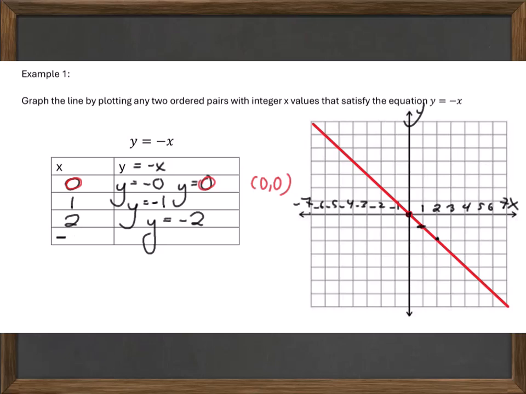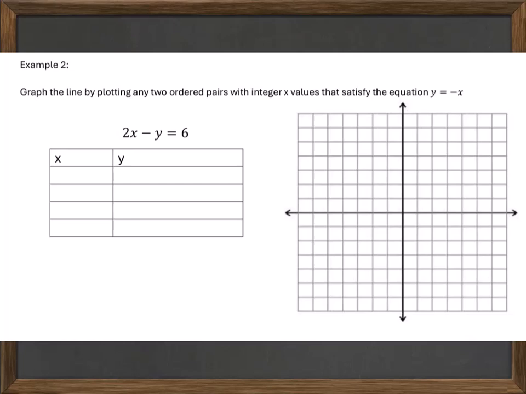I could have picked x equals negative 4. Well, y is equal to negative negative 4, and remember, minus a negative is equal to plus a positive. So that would be negative 4, 4, which is this point here. Notice all these other points are still points on the line. Again, the reason we can stop after 2 is because it only takes 2 points to form a straight line.